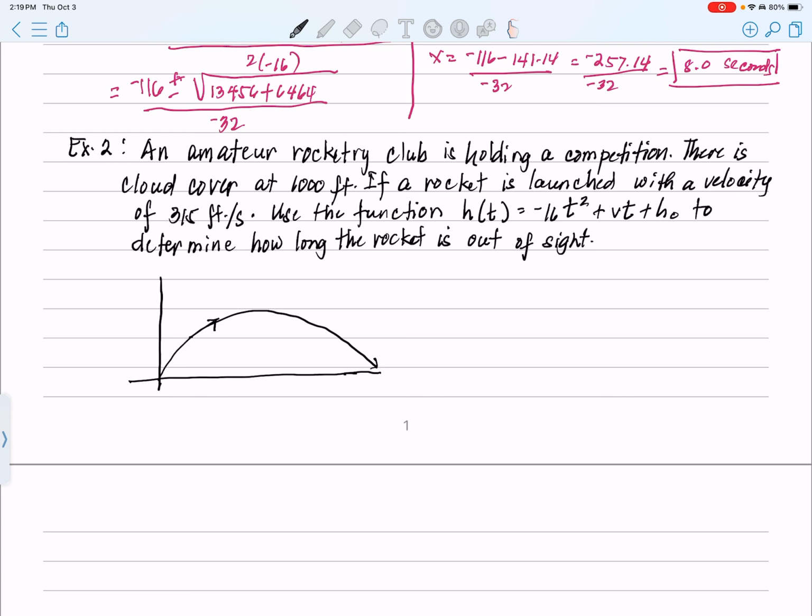Right? And it says here that the cloud cover is at 1,000 feet. So let's say, for example, this is the location of 1,000 feet.